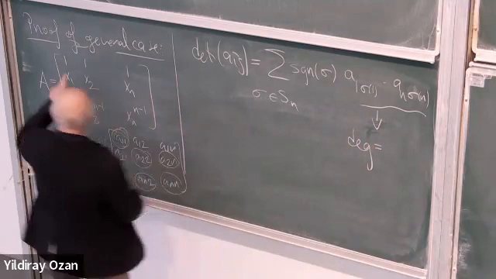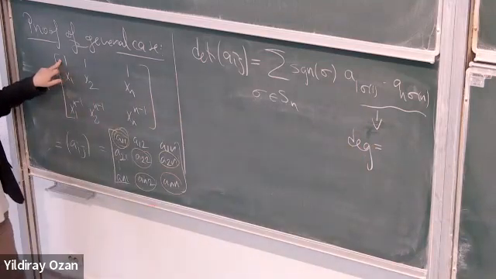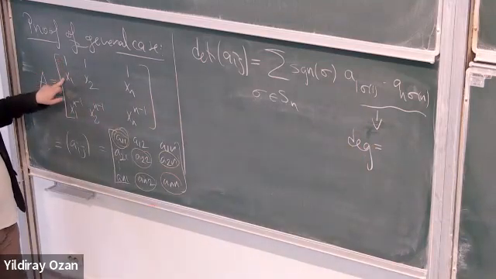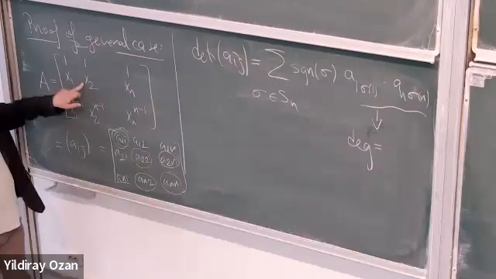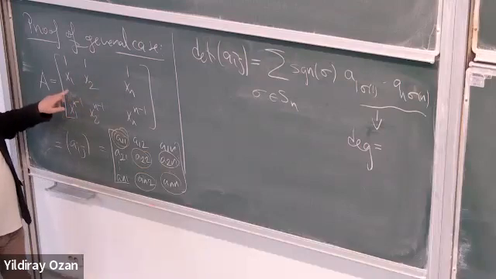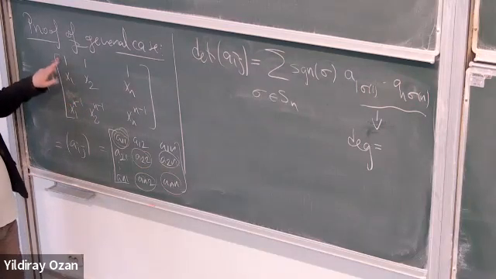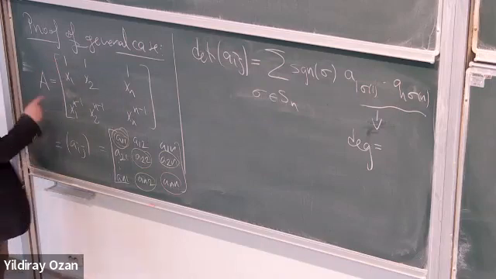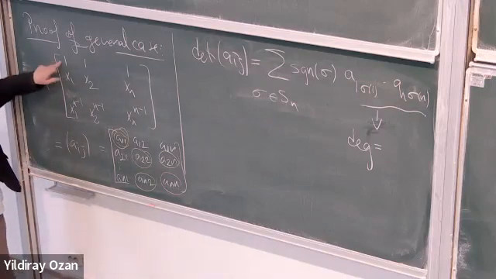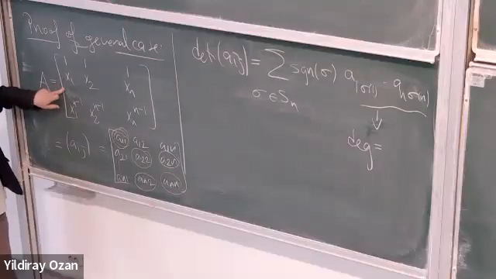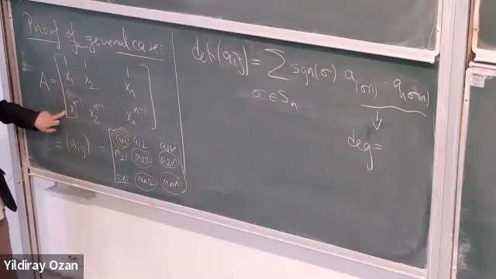Well, the degree of this one is 0 because it's a constant. And then you pick one element from this, it has degree 1, right? xi, x1 or x2 or x3. And then you have a second degree term, xi squared, and then xi cubed, and so on. So as a polynomial, the degree will be the following: degree 0, degree 1, degree 2, degree 3, up to degree n minus 1.